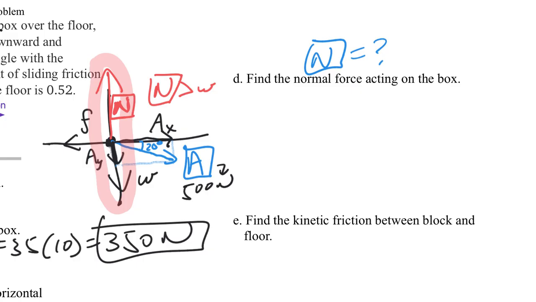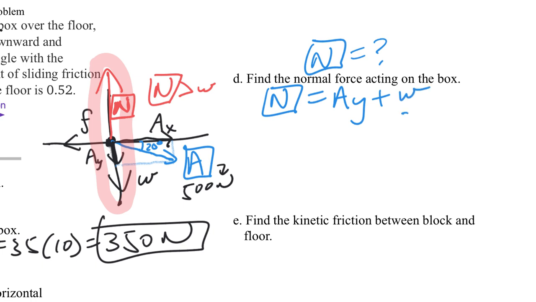We know that the net force is 0 in the y direction. There's no vertical acceleration. So what we have is the forces that point up have to equal the sum of the forces that point down. So in this case, N's all by itself. There's no other upward force. So normal force is equal to the y component plus the weight.